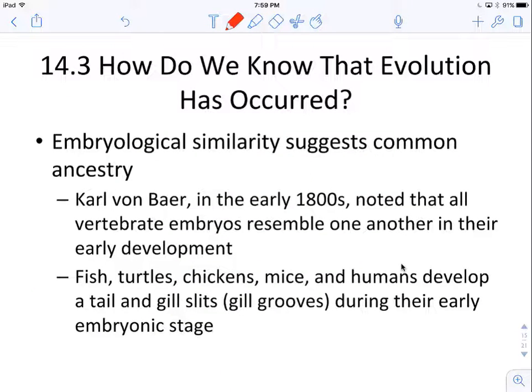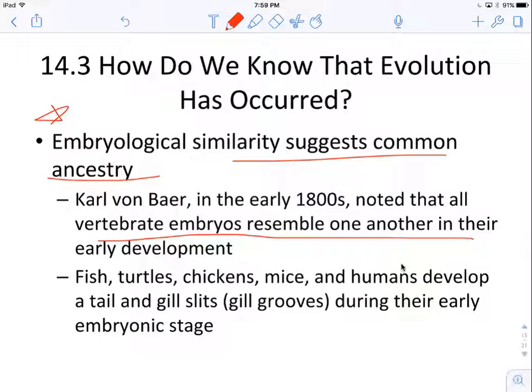All right, the next thing we're going to look at is comparative embryology. Embryological similarity also suggests a common ancestor. Okay, so this guy, Karl von Baer, noted that all vertebrate embryos basically resemble one another in early development. So it's really hard to tell the difference very early in development between any embryo of any vertebrate.